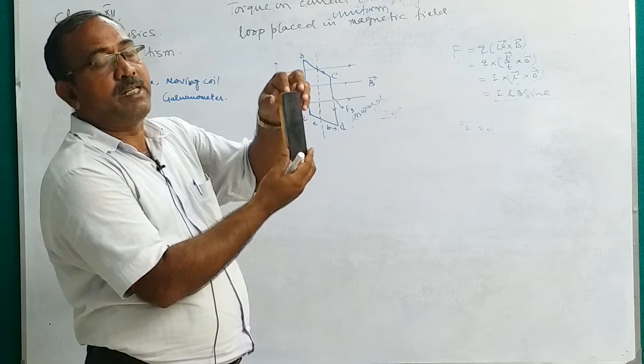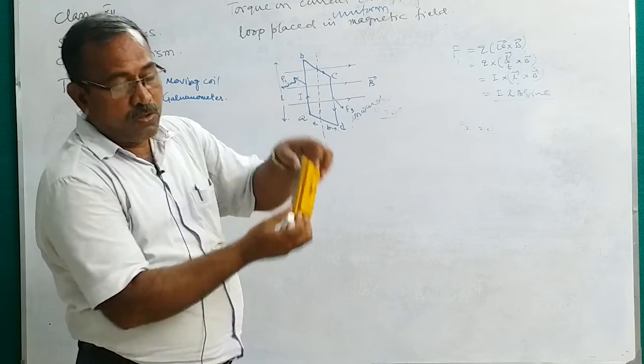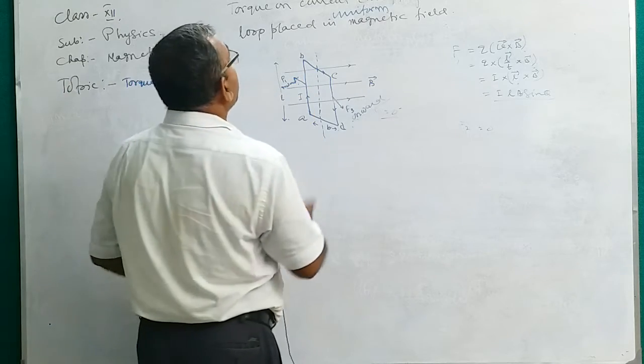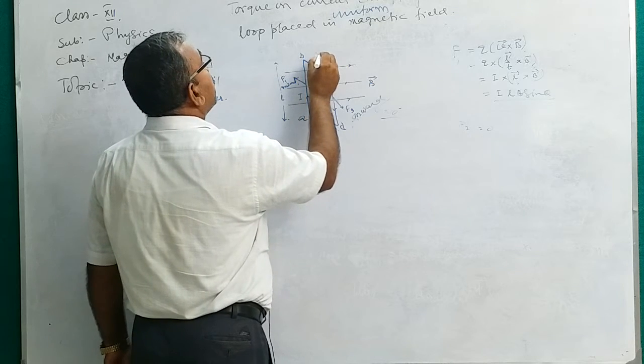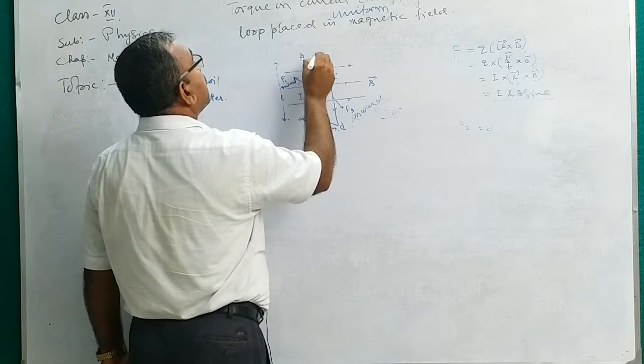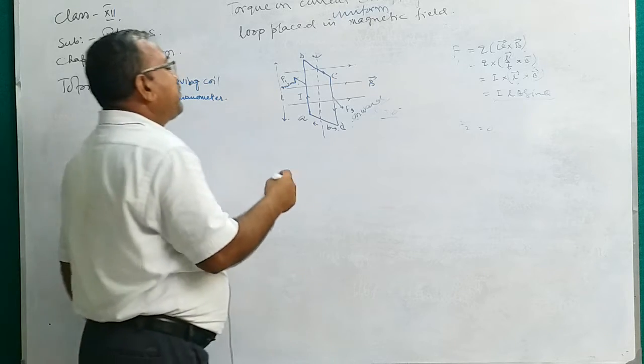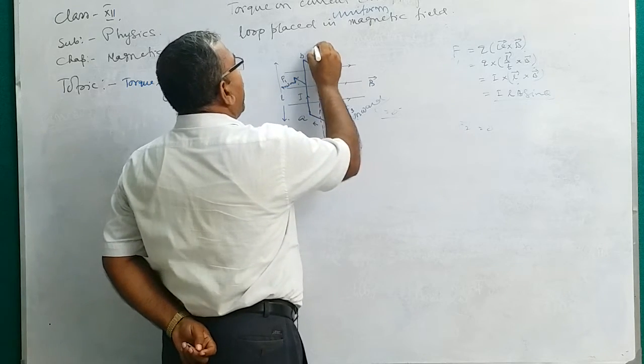You check, my dear student. The rectangular loop will be rotated with respect to an axis on this side.